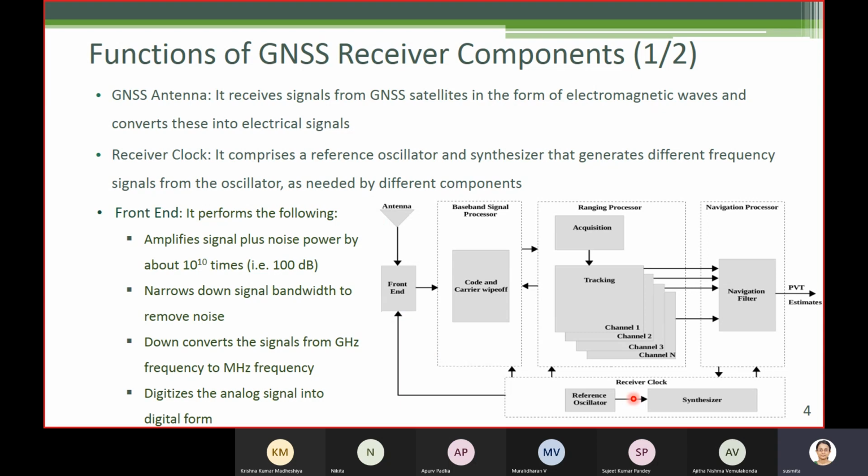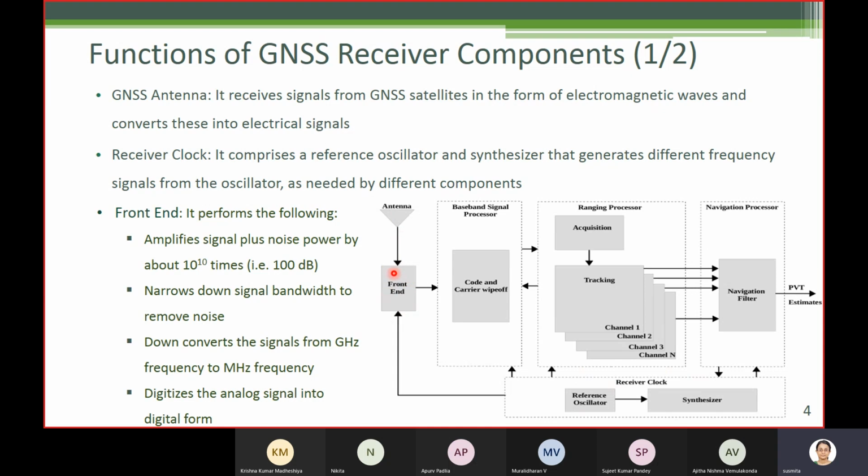And then the receiver clock part I already discussed on the previous slide. So it has a reference oscillator followed by a synthesizer which generates different frequency reference signals for different blocks. Then the analog electrical signals from the antenna go to the next block called the front end.